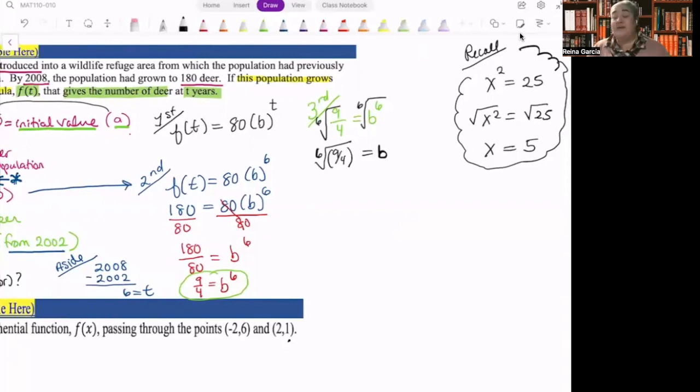But that's not how we're going to put that into Excel. Into Excel, we need this in exponential notation. If you recall from section 3.1, if we have something under a radical, we can rewrite it in exponential notation.